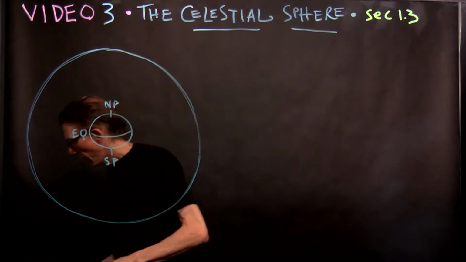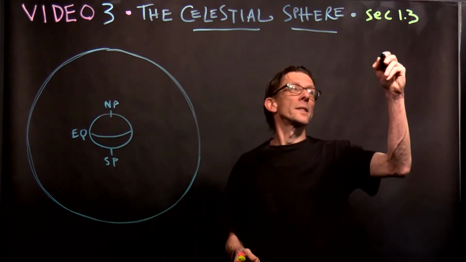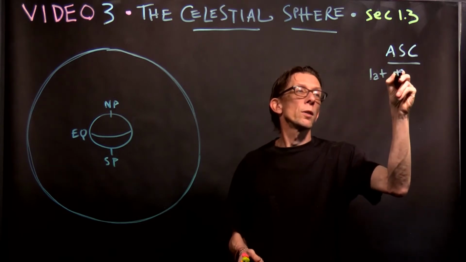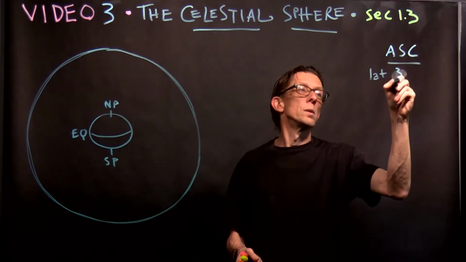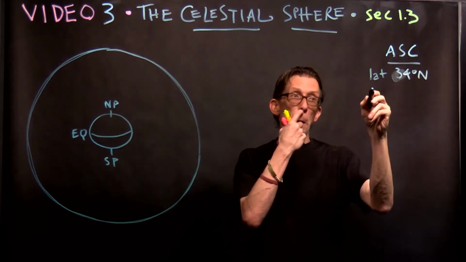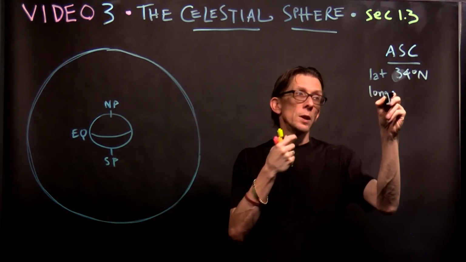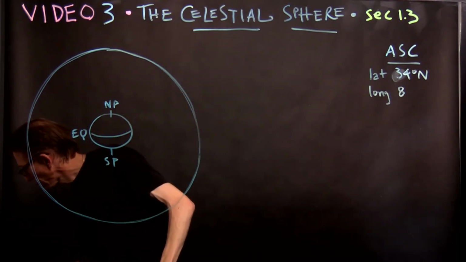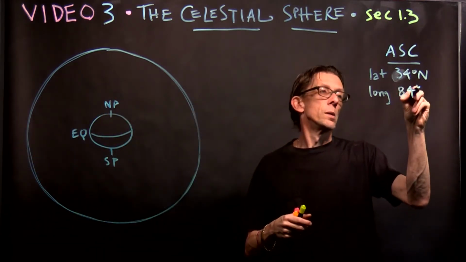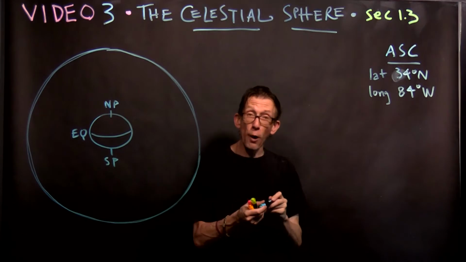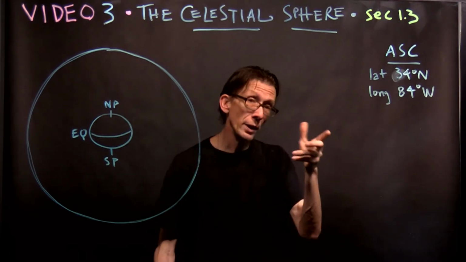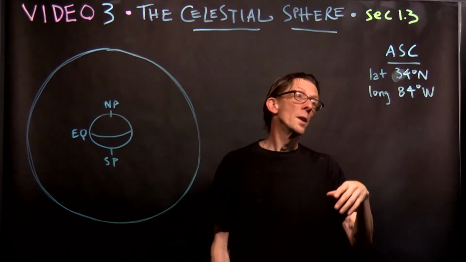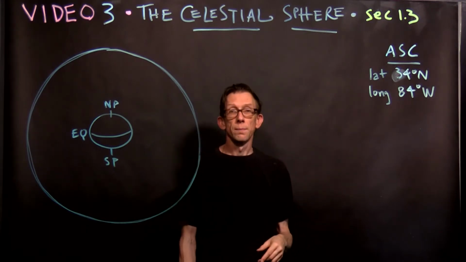For example, right now at Agnes Scott College, where I am, latitude is about 34 degrees north, and longitude is about 85, I think it's 84 degrees west. So if you pull out your compass on your phone, it'll say, if you're here where I am, 34. It's got some arc minutes and arc seconds in there too, but 34 degrees north, 84 degrees west.